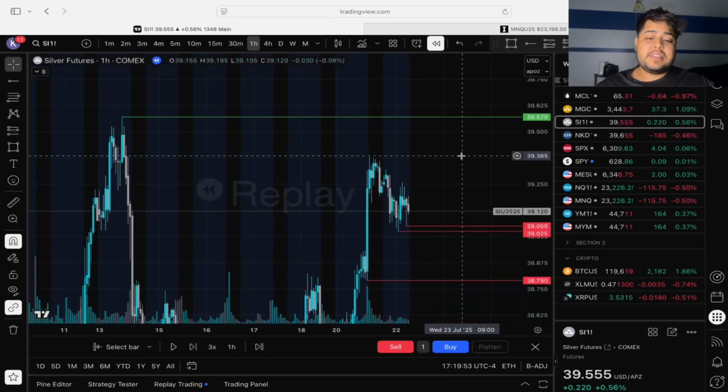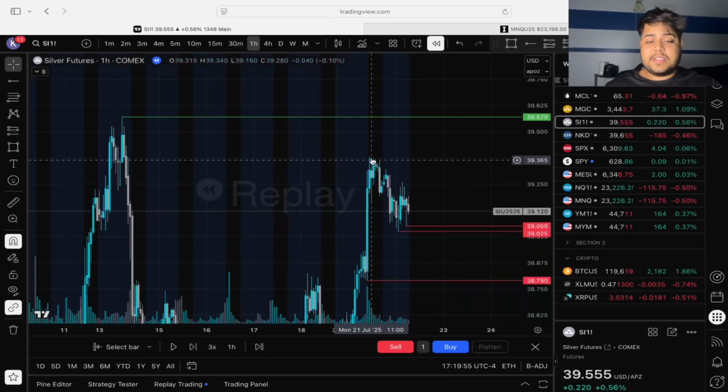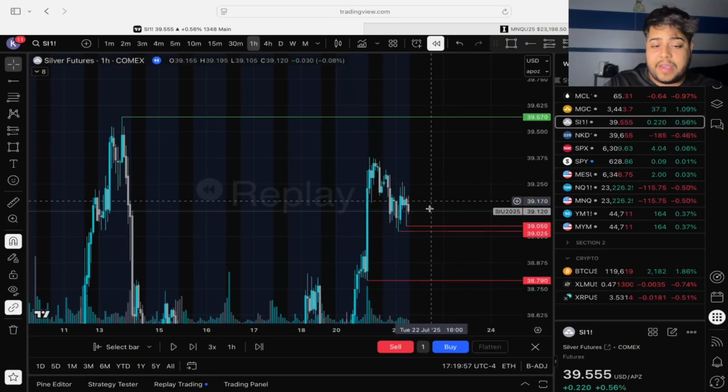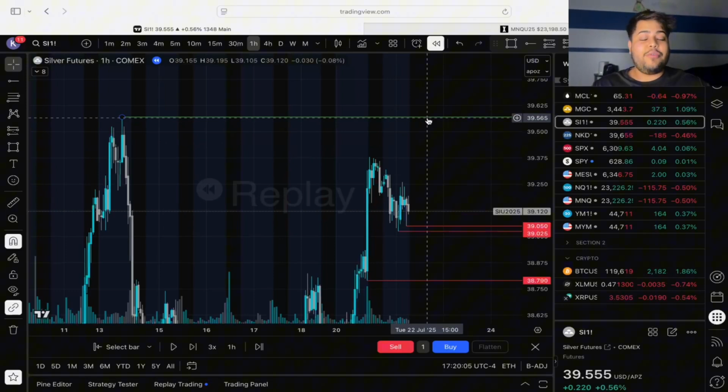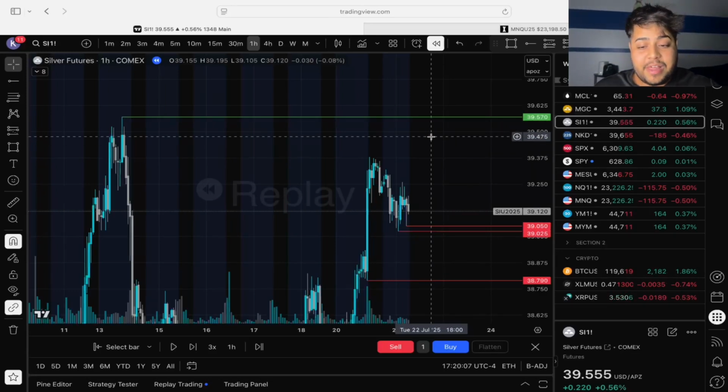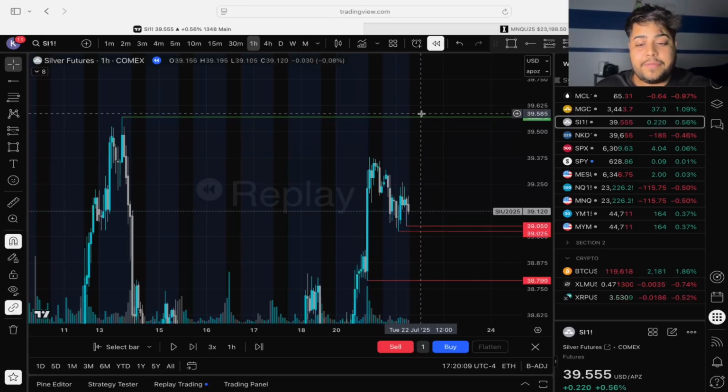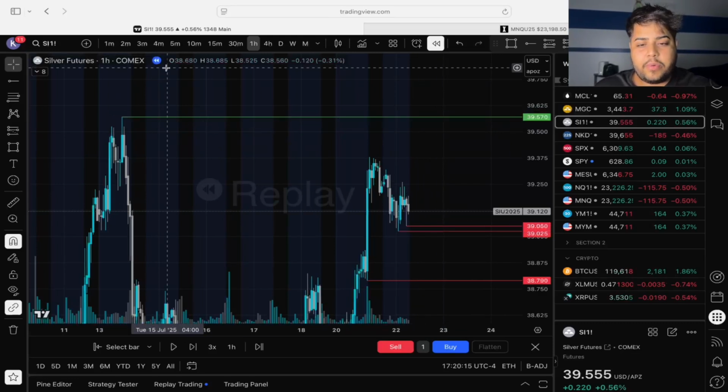But basically, silver was almost at all-time highs. It was consolidating here, making a bull flag. I expected it to go up and tap. What I wanted to happen actually happened, which doesn't always happen in trading, but I'm glad it did. I was looking for it to touch these highs so I could short it, and that's exactly what happened.